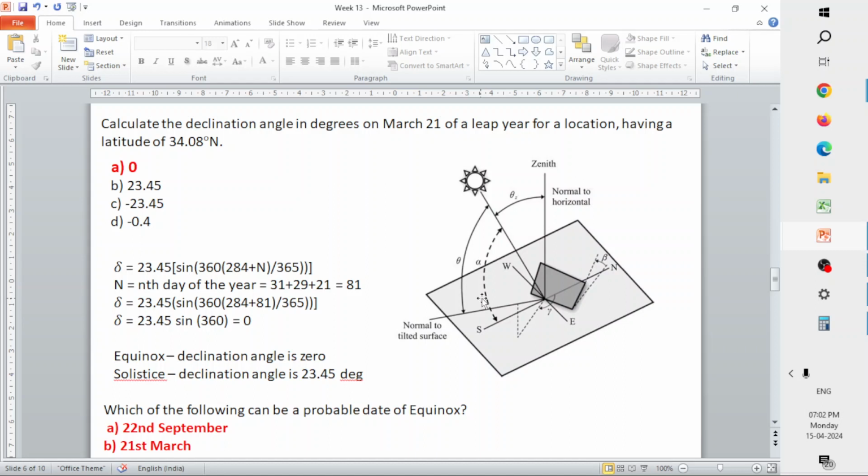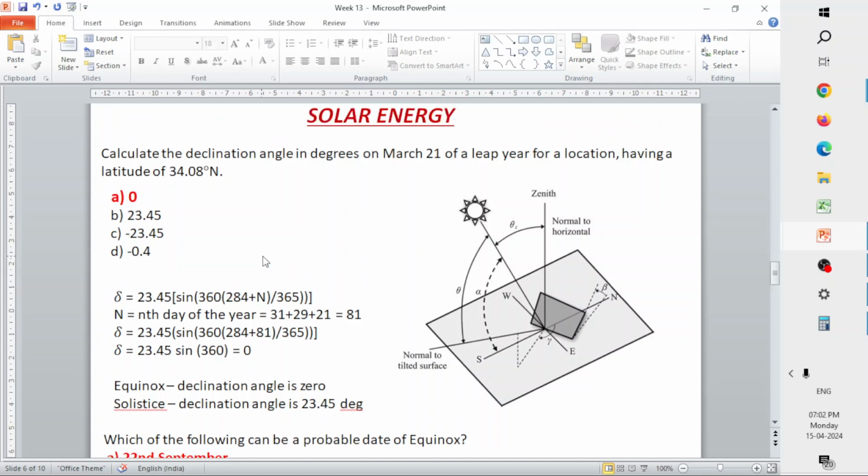You can visit the live interaction session video recording, or look at the PPTs. We have solved the majority of the problems on solar energy there.